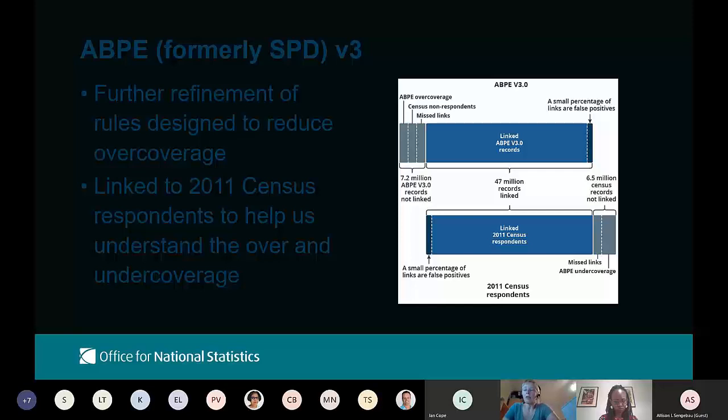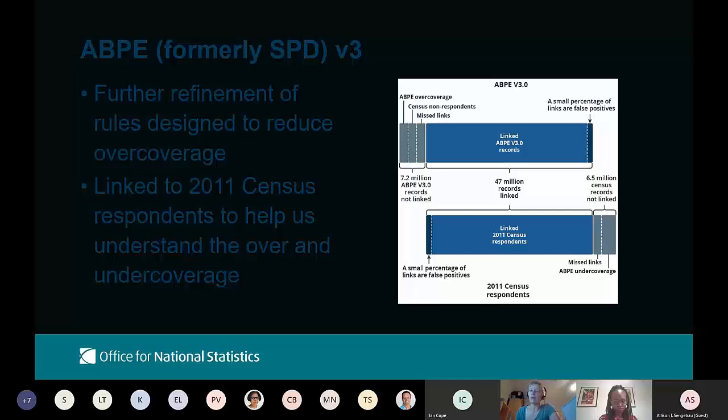But as a part of producing our ABPE, we do have something that we call the spine, which is a list of everybody that we can identify as ever having been present in the UK from the data sources that we've got.